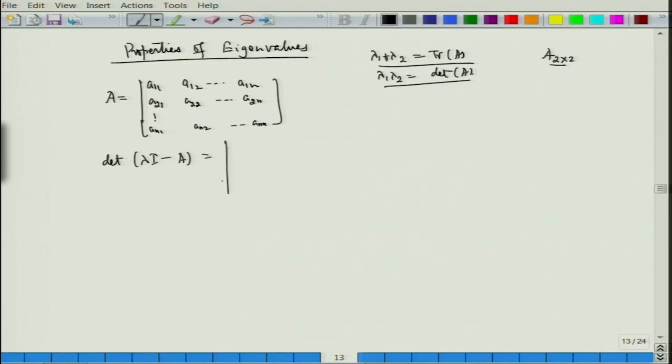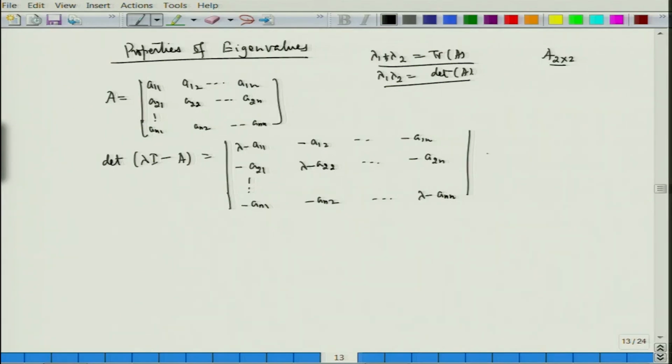It is nothing but the determinant of lambda minus A11, minus A12, minus A1n, minus A21, lambda minus A22, minus A2n, minus AN1, minus AN2, and lambda minus ANN. So, this is what I have.